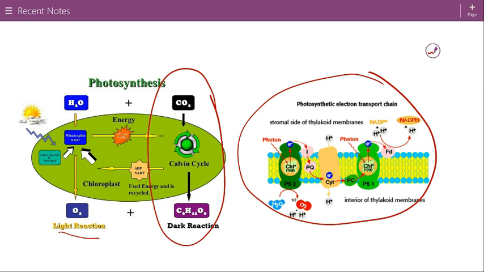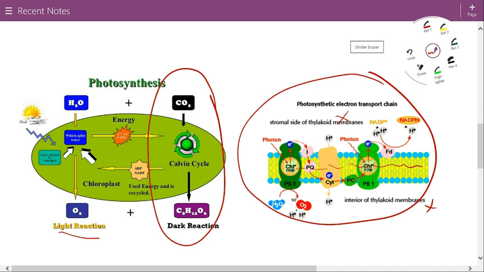Basically what's happening is over here we've got our thylakoid membrane. We've got things happening on the inside, which is down here, and we've got the outside over here, and then we've got the layers in this yellow area.